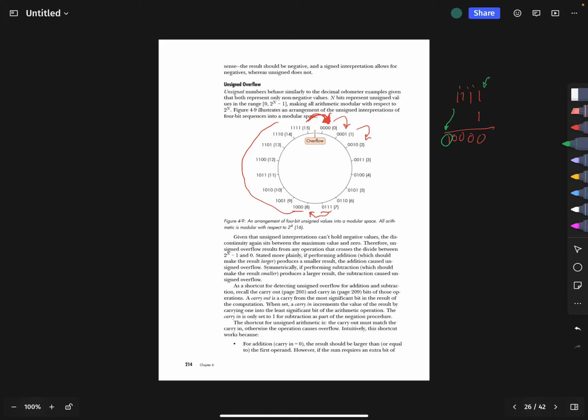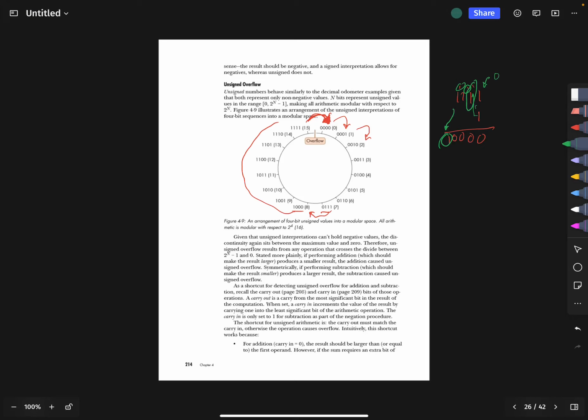This had a carry in of 1, because the previous bit had a carry out of 1. The next bit has a carry in of 1, and when you put them together, you get a carry out of 1, which then becomes the carry in of the next bit. Anyway, long story short, this last bit has a carry in of 1, and it caused a carry out also of 1.